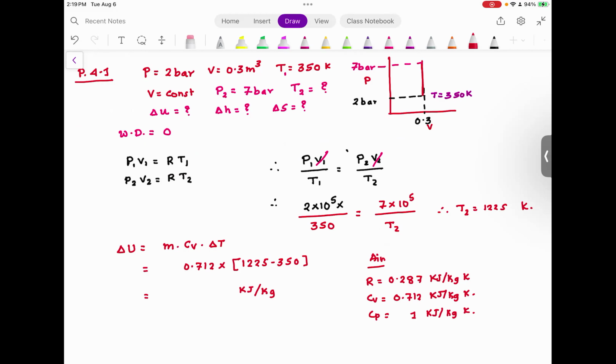These are the Cp and Cv values for air. You can get them from the table or you can remember.